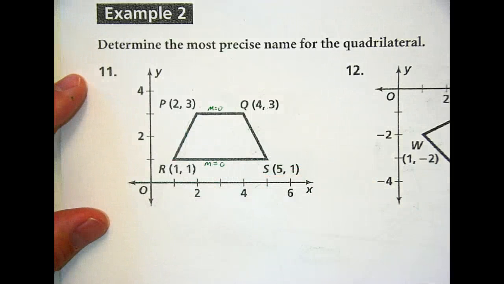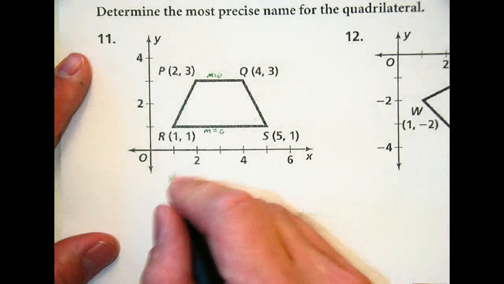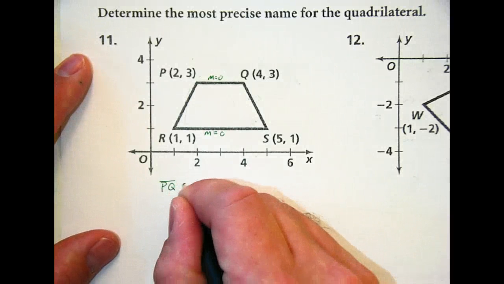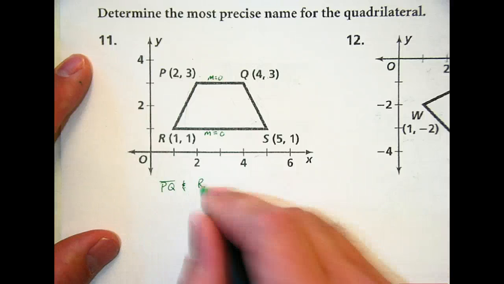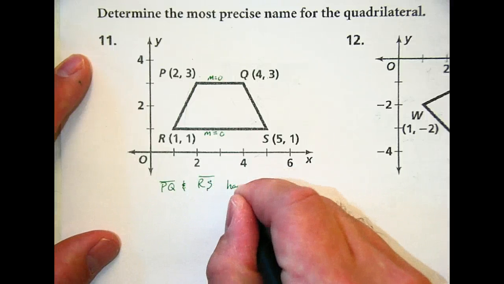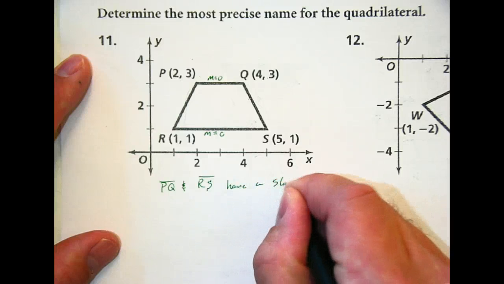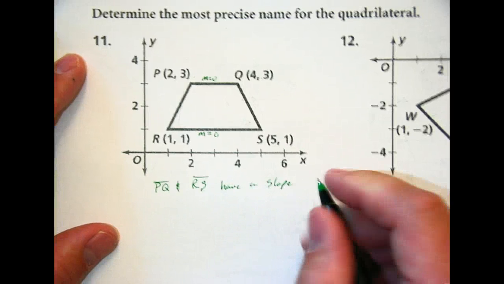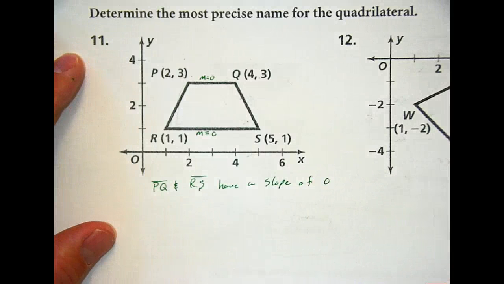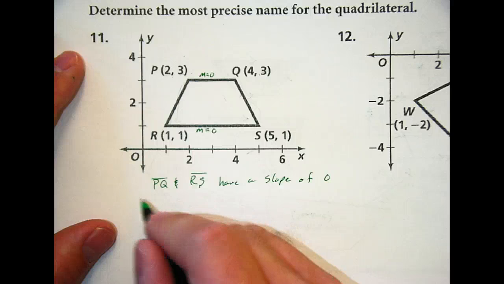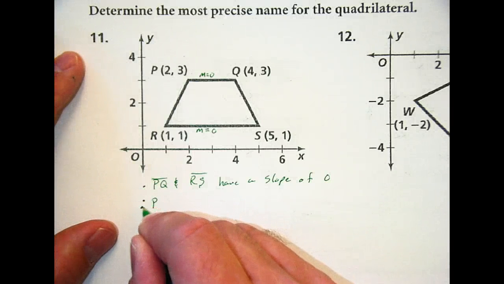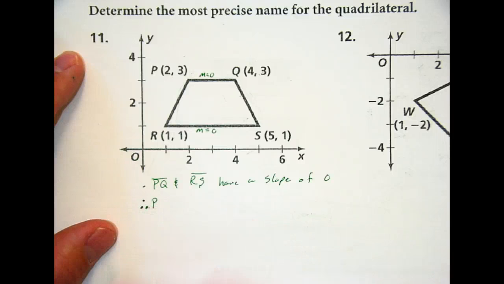So because PQ and RS have a slope of 0, meaning PQ is parallel to RS. And we can use this little sign. Does anyone know what that little triangle means in math?